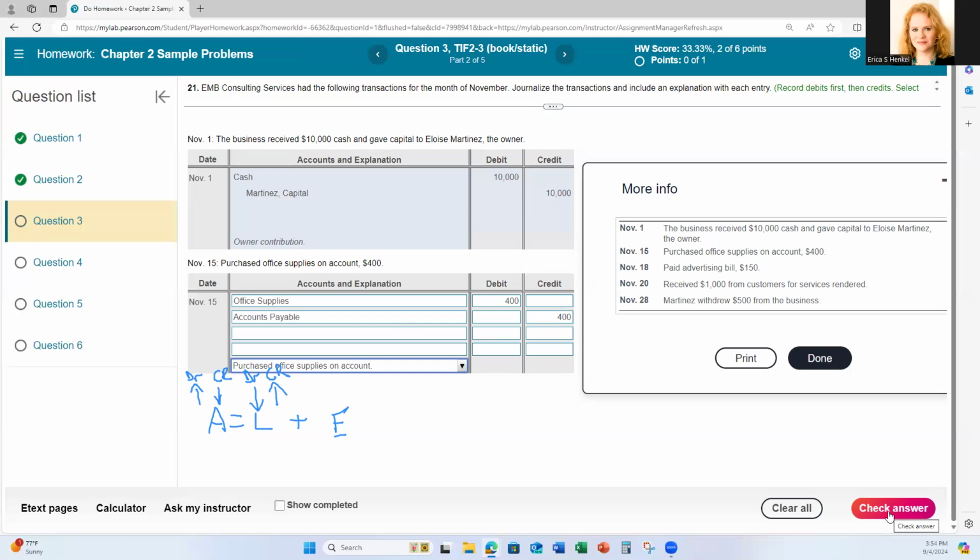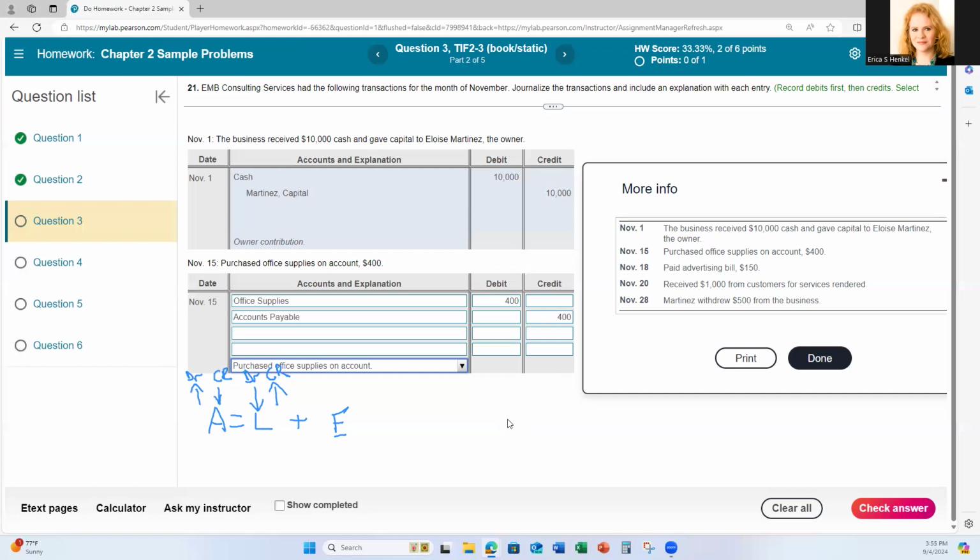So for all of these transactions, now that you have the idea of the format, because we've talked about whether we should debit or credit things, making sure your debits and your credits are equal, and recording the accounts and the title for the entry, I really recommend you take a second and try to take a stab at each of these entries before I record them in the video.